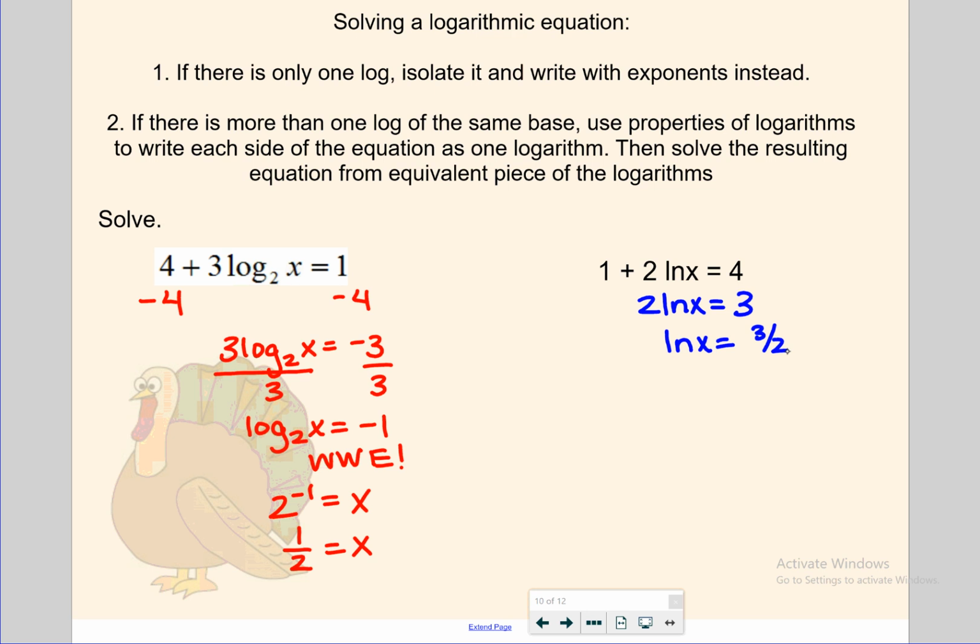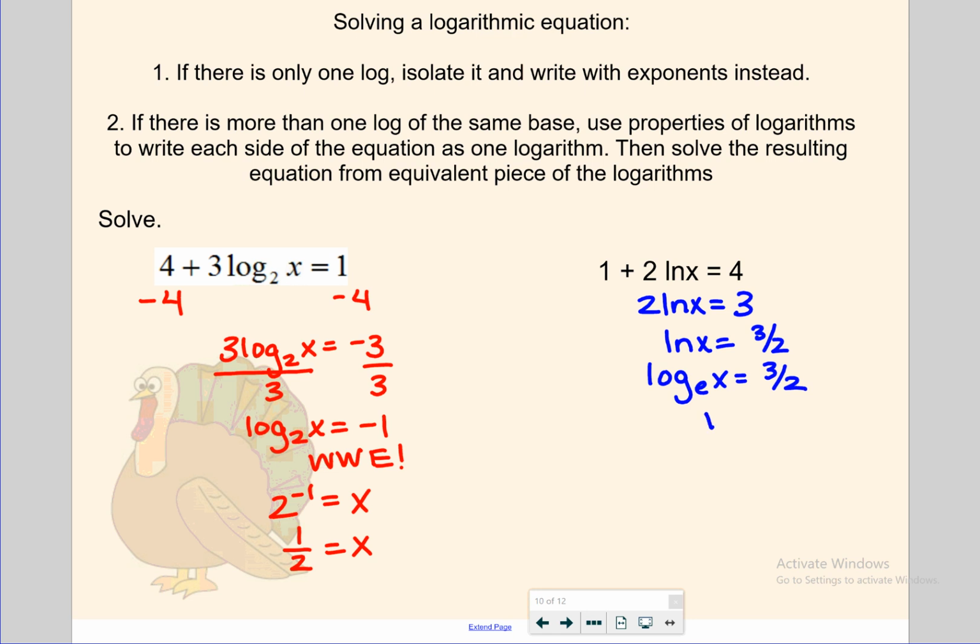And then you need to remember that natural log is what log base? What log base is natural log? Log base e. So you could always write that if you want to. Log base e of x equals 3/2 is what this means.